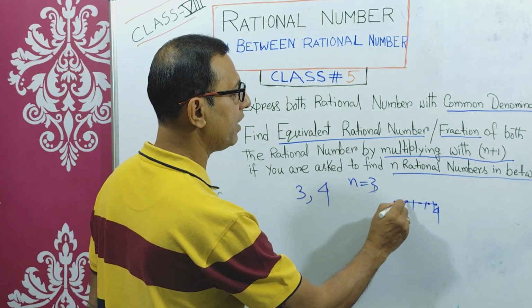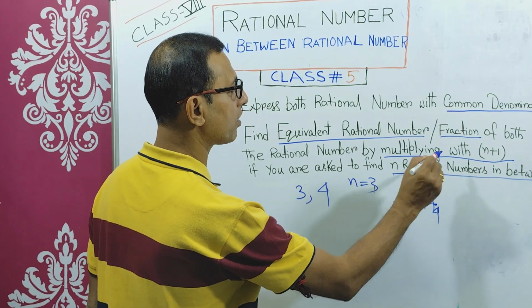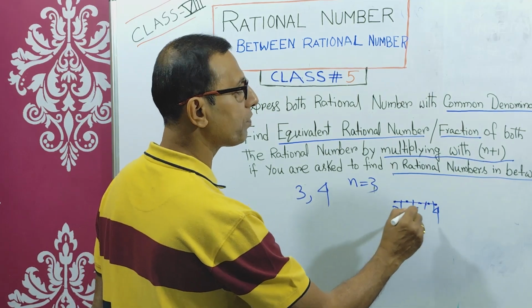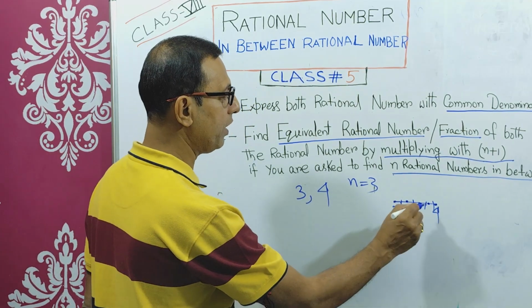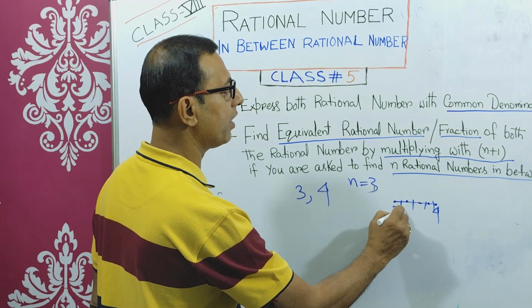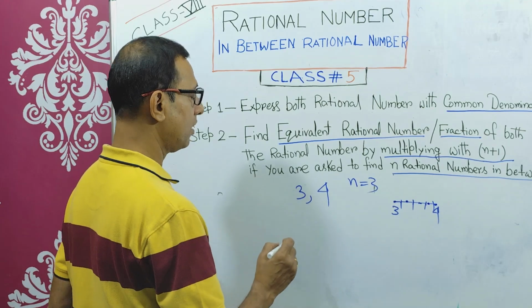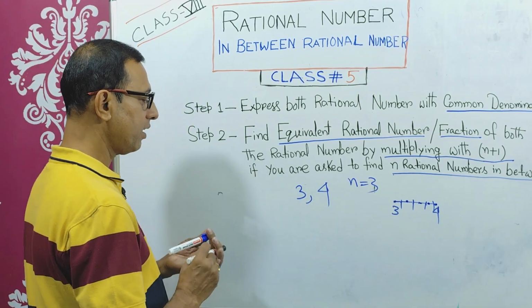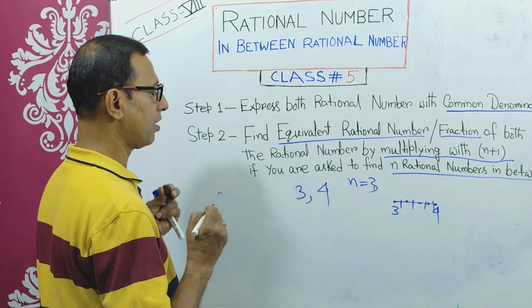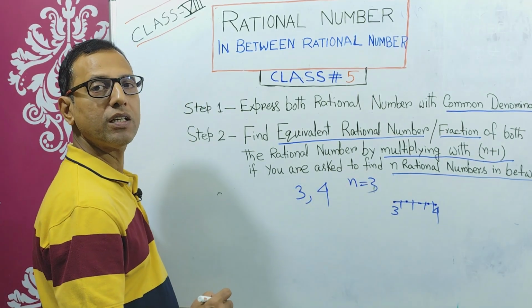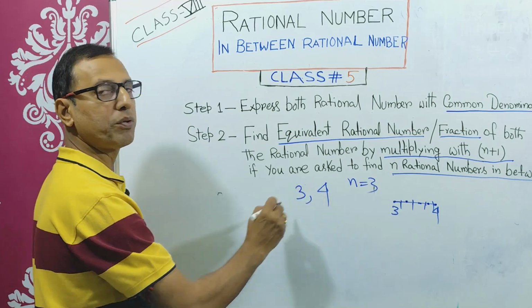So whatever number you are asked to find, you need to divide this area into n plus 1 parts. If n equals 2, it will be 2 plus 1, which is 3. If you are asked to find two different rational numbers in between, then the number of divisions will be 3. So let's say 3 and 4 are the two rational numbers, and n equals 3: 3 rational numbers in between 3 and 4.